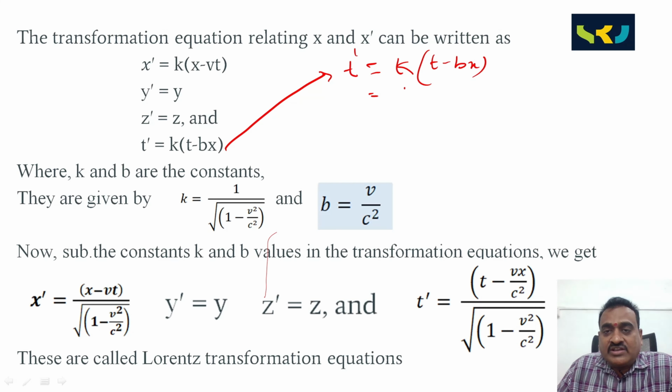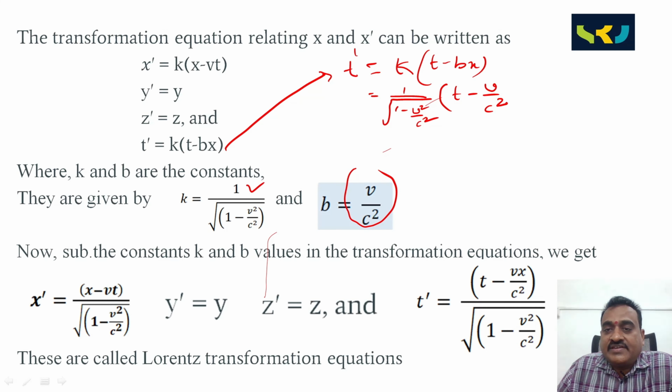What is the k value? 1 by root of 1 minus v square by c square into t minus, what is b? b is v by c square, into x.